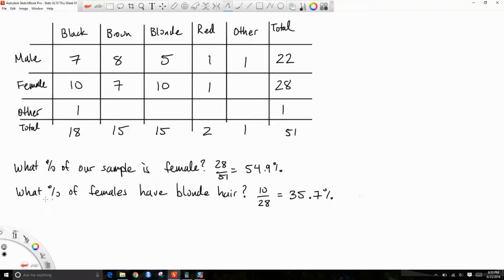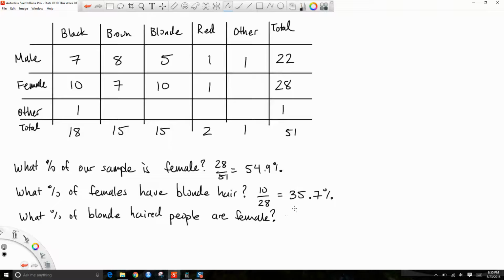Now this is different from what percentage of blonde-haired people are female. So we look at how many blonde-haired people there are.